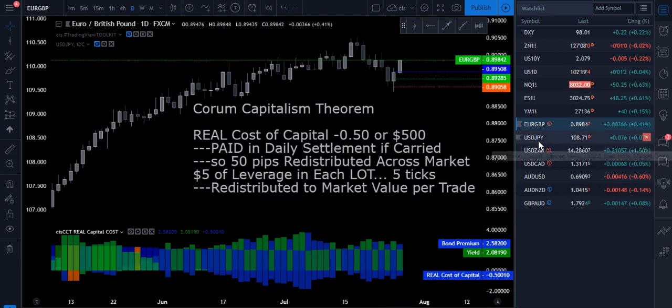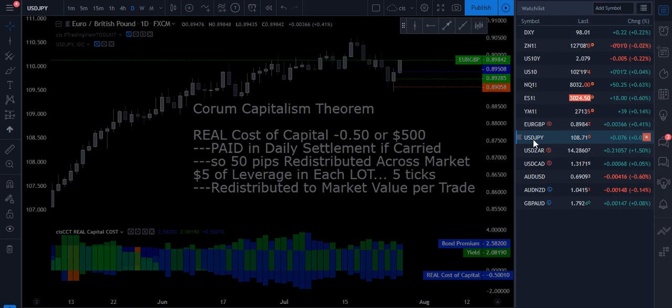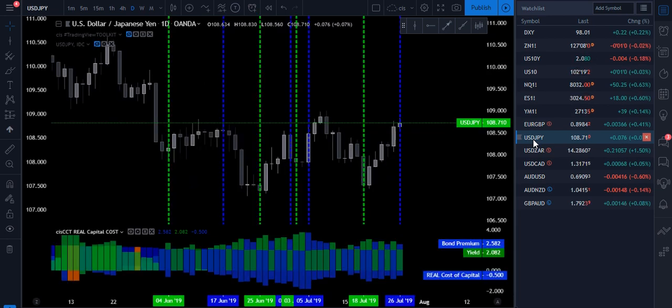So let's take a look at what this means when we're trading. So when you're looking at the US dollar, Japanese yen, you can see right here at this first line, we have a green bar at the top, and we're still moving down in yields, and the cost of capital is negative, showing dollar underperformance. But this is a buy condition, and you can see that.